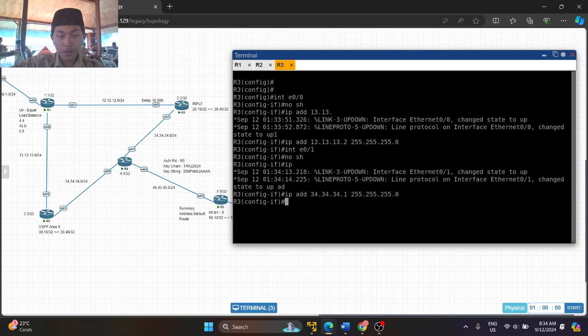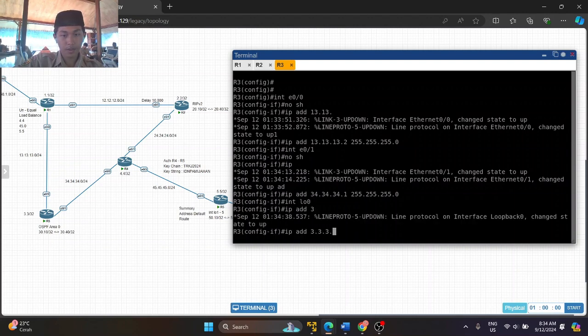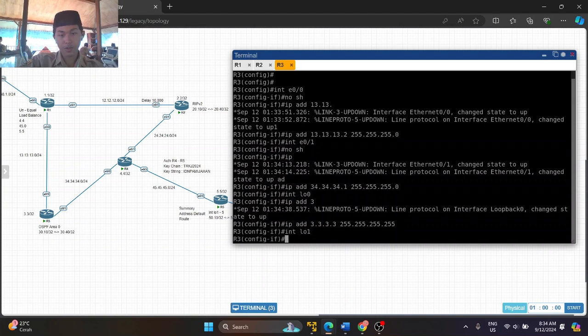And then interface loopback 0, IP address 3.3.3.3, prefix. Then loopback 1, IP address.